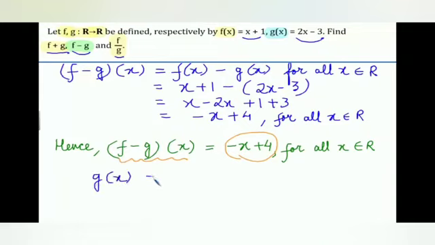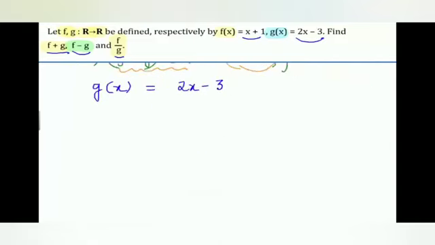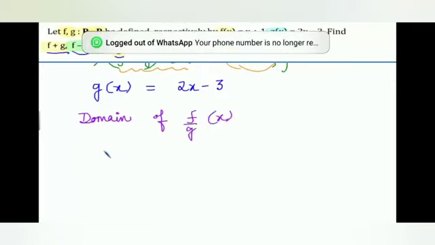Now you have to just subtract: f minus g of x is equal to minus x plus 4. So g of x is equal to 2x minus 3. Now the domain of f divided by g of x.